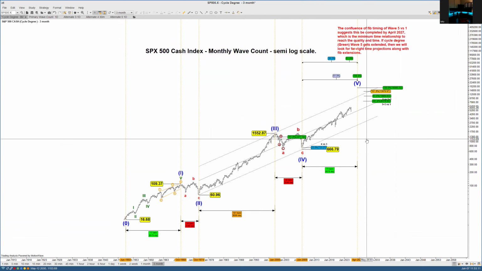That's the minimum time. How in the world is your fifth wave going to be shorter in time duration compared to your one? Your one lasted 73 months when S&P was $16.68 back in 1950.